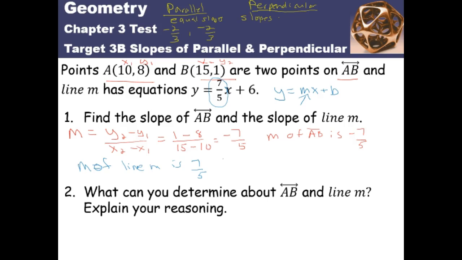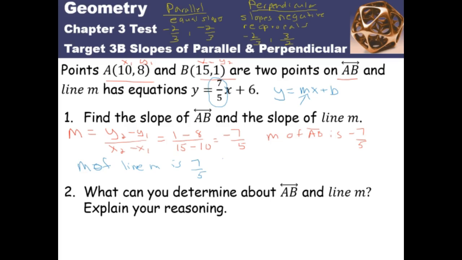An example would be if I had the first one, negative 2/3, then the second one would be the negative 2/3 flipped over, which would be 3/2 instead of 2/3. And this one's negative, and this one would be positive, so that's negative reciprocals.